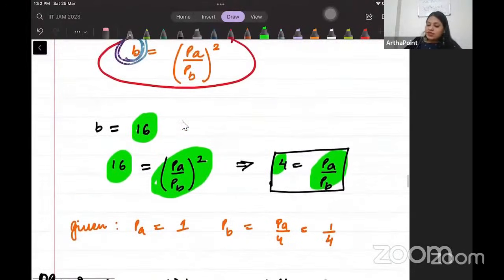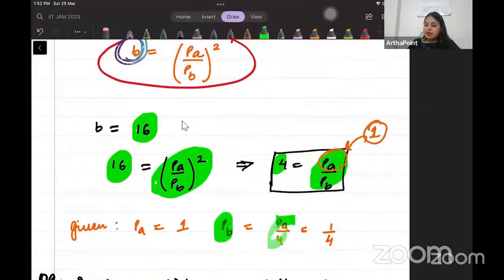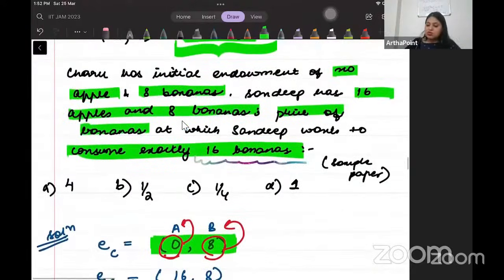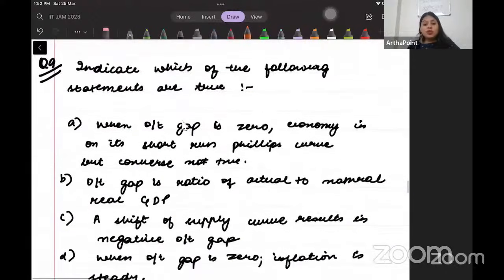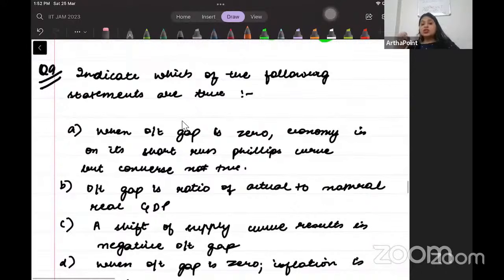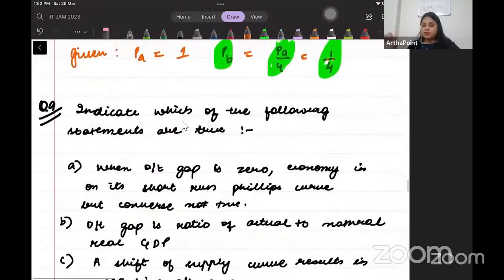So if here I put PA as 1, I am going to get PB as PA divided by 4, which will be 1 by 4. So the answer of PB is going to be 1 by 4. Very easy question, but you can do it after you understand general equilibrium very well.